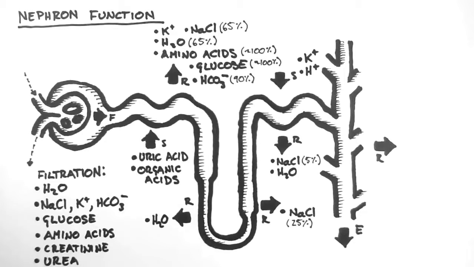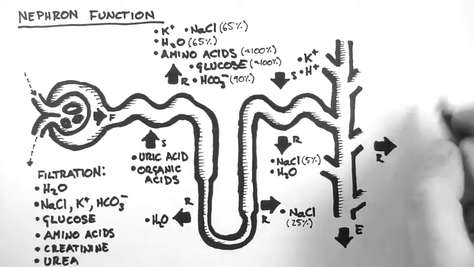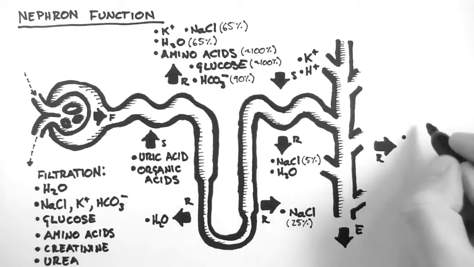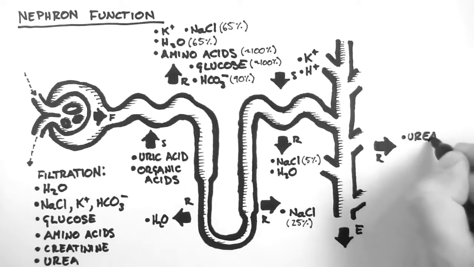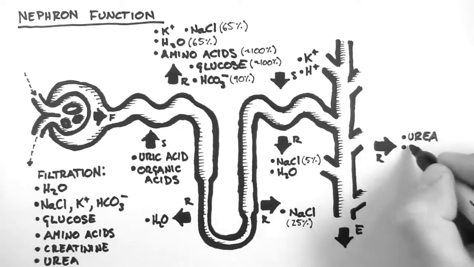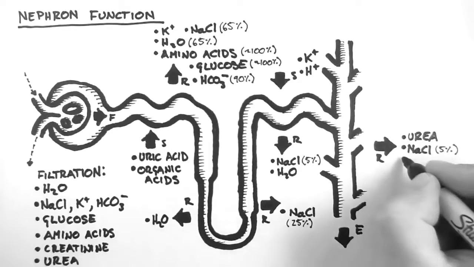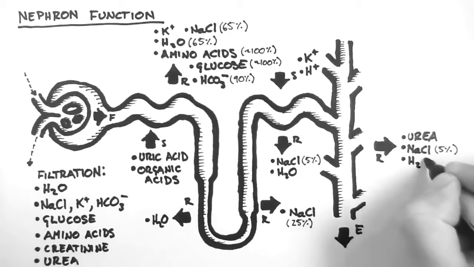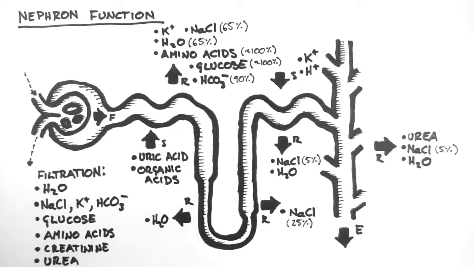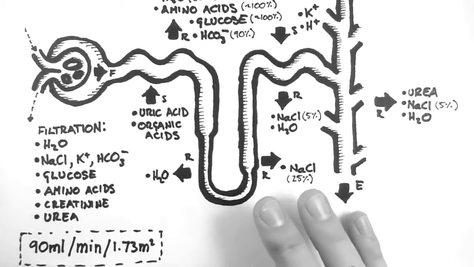This brings us to the collecting duct, and here one last bit of reabsorption occurs. Some urea, about 5% of the filtered sodium chloride, and some water are reabsorbed. And this leaves us with excretion.